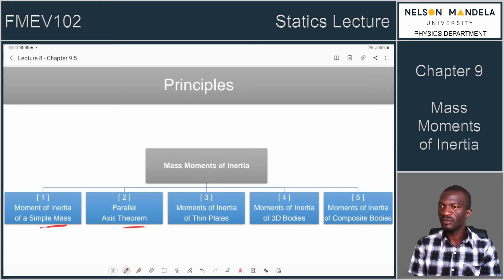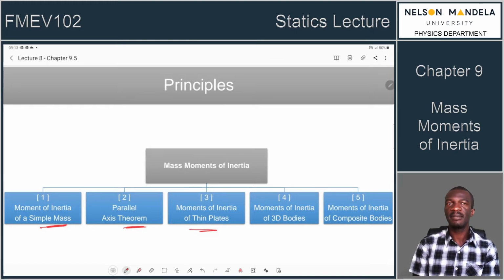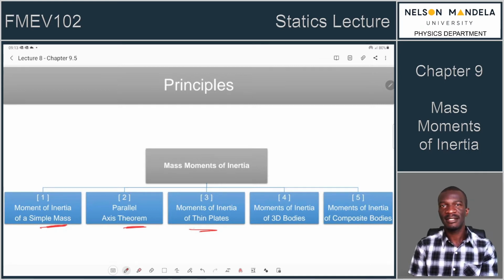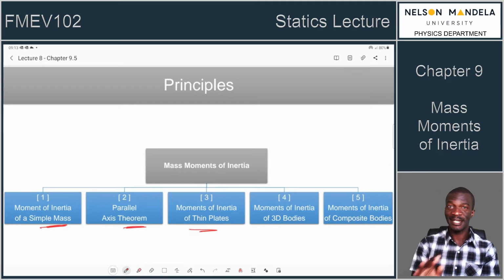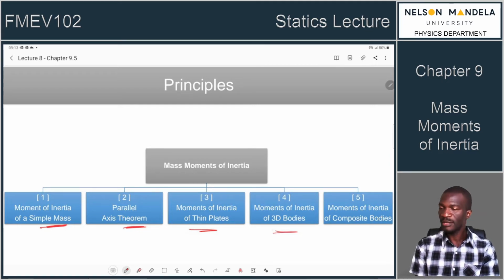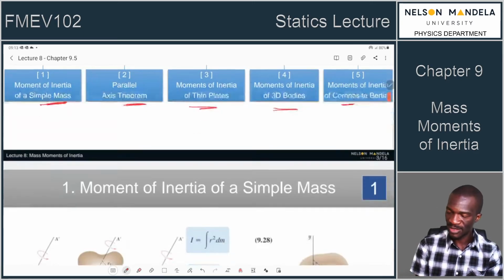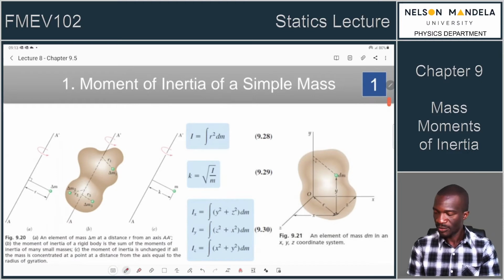And then moments of inertia of thin plates. So the thin plate is the starting point of our mass moments. The thin plate has to do with how we can analyze the volume of an object and make use of some of these areas that we already knew. 3D bodies, obviously, is the next, and then composite areas, tables, right?